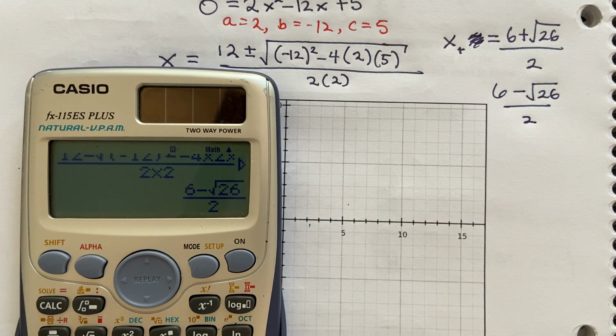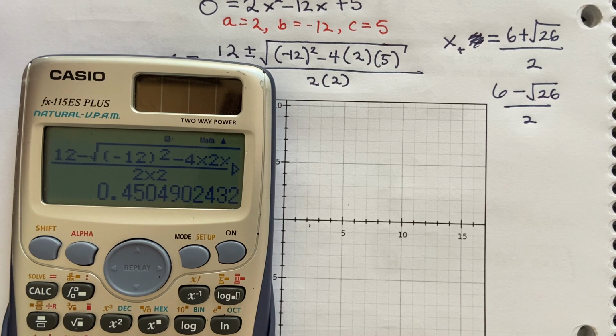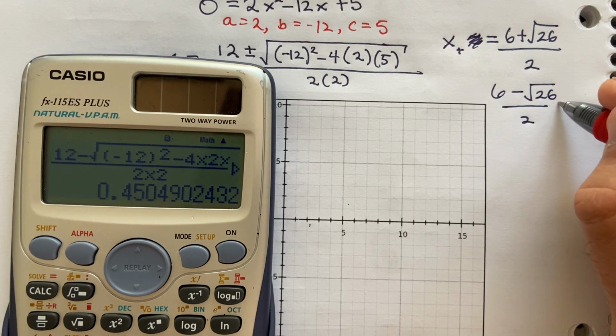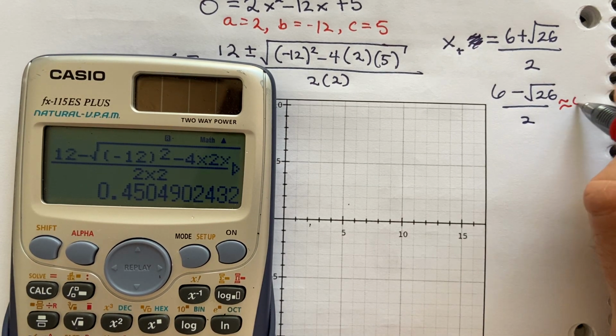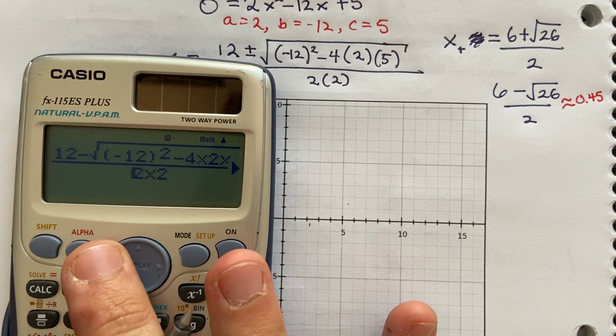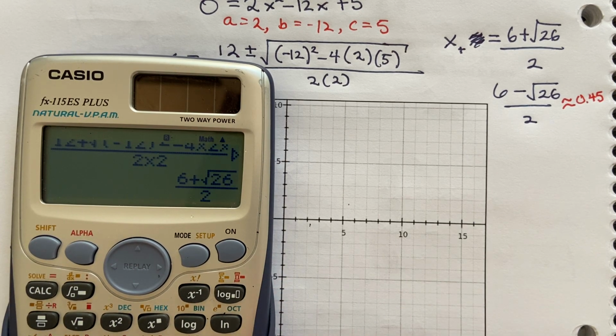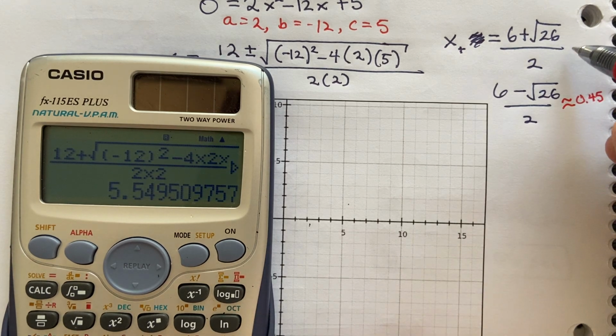So I need to plot these. 6 minus is about 0.45. I'll just make a note here of that. The plus case, let me make a note of what that decimal was about. Forgot to do that. S to D, this is about equal to 5.55, I'll say.